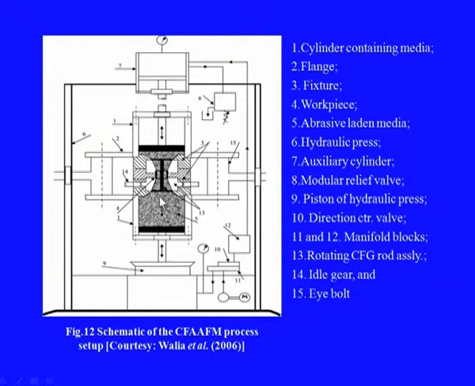Moreover, as this rod will be kept on rotating at a particular speed, this will exert a centrifugal force on the abrasive particles in this media. Therefore, these abrasive particles will hit this workpiece surface with some additional forces, which will cause better material removal as well as better surface finish.